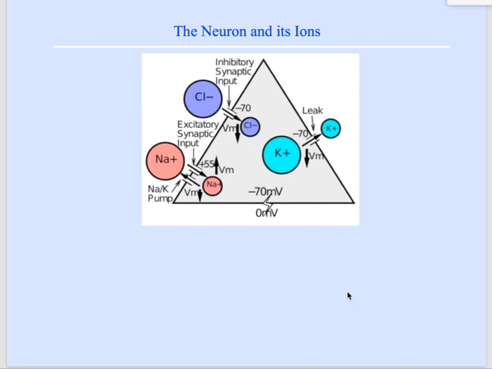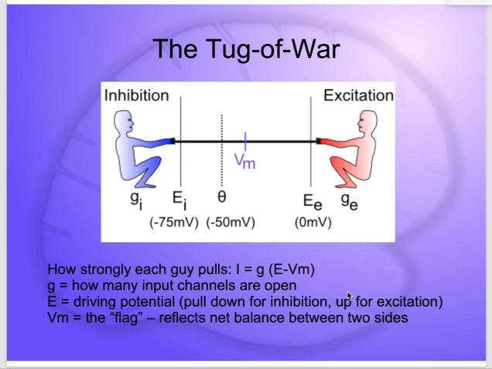Okay, so if you think about this abstract neuron, you've got three different kinds of ions, and you've got different forces moving in different directions. One way to think about that is as a tug of war. In this particular diagram, for a moment, let's ignore the leak current, which is a constant factor. You can think of the membrane potential of the cell as a tug of war between the excitatory forces and the inhibitory forces.